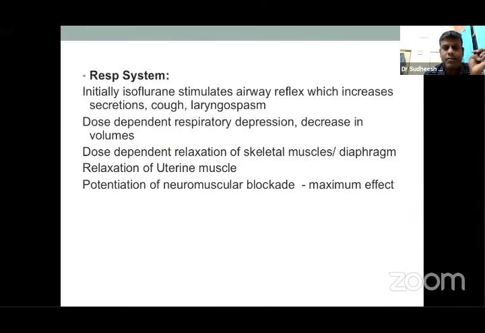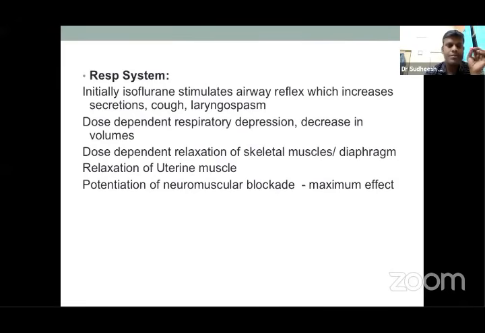Direct effects: when we go from top to bottom, you can think in terms of CNS depression. It depresses the respiratory center and reduces the rate. Then there is shallow rapid breathing as we go through the depth of anesthesia, and then there is a decrease in the volumes, and also relaxation of both the skeletal muscles as well as the diaphragmatic muscles.